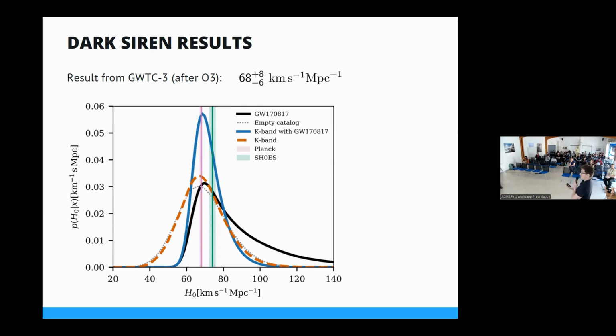So, of course, for this, it's also crucial that we have a very complete galaxy catalog up to very high distances. Another advantage of this method is that we are not just relying on BNS mergers, but we can also use BBH mergers, for which we wouldn't expect a counterpart in other cases.